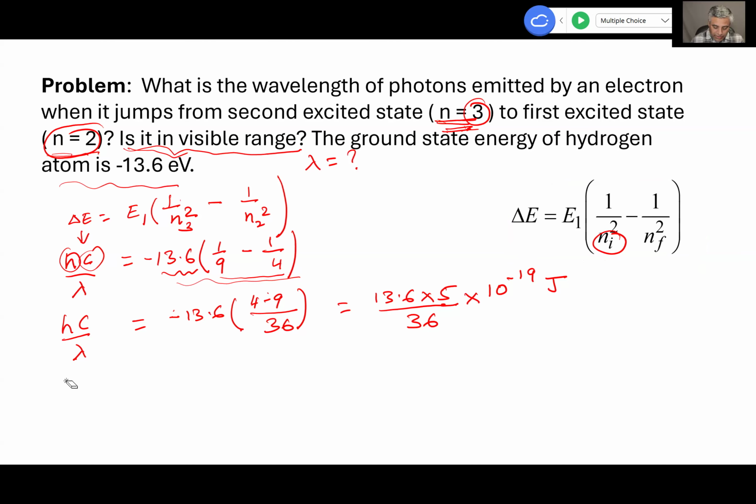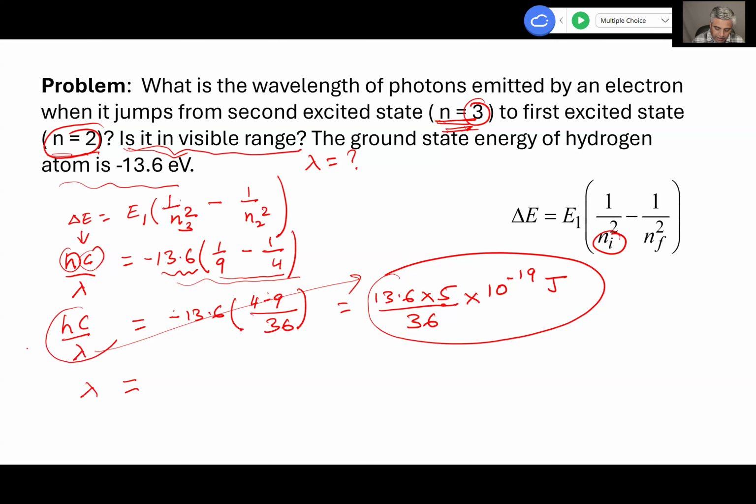Okay. So now, what is the wavelength then? We can do cross multiplication. Wavelength goes on the top, which means these things come to the bottom and take the place of wavelength.